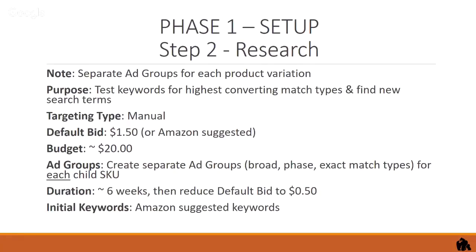In this case, what we're going to do to start with is use the Amazon suggested keywords. If you're not sure what that is, I'm going to cover that as we move forward. It'll all become clear. So let's jump into step 2 and setting up our manual campaign.